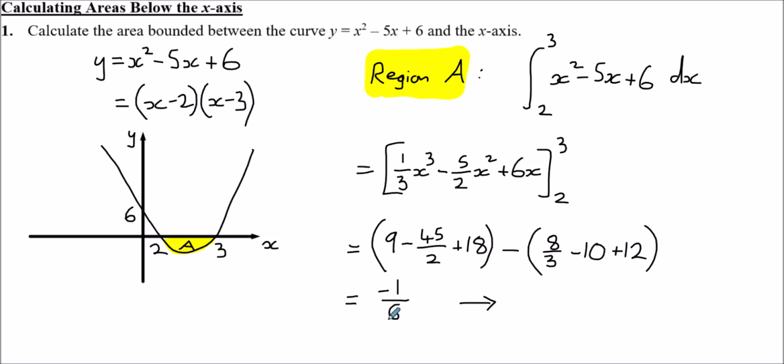It's the same, for example, as when you're thinking about the magnitude of a velocity. If a velocity was minus 1/6, the speed would be 1/6. So we just take the size of this. So the size of minus 1/6 is just 1/6. So therefore the area underneath that curve is going to be 1/6.